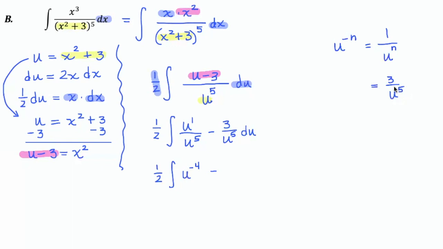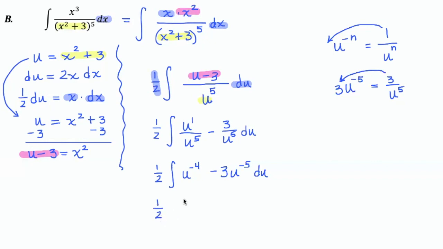If you have a positive exponent down here, you can make it a negative exponent, and whatever your numerator was is just a coefficient on that. So I can rewrite 3 over u to the fifth as 3u to the negative fifth. And the whole reason I wanted to go with these negative exponents is that with negative exponents, you can use the power rule, same as always, to get your antiderivative.